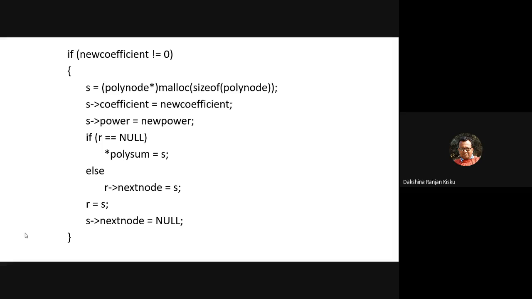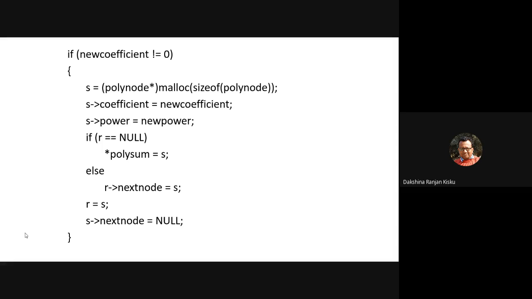If it is not equal to 0, then what we are doing, we are allocating a memory space for polynode. That means for the structure polynode, and we are assigning new coefficient to s coefficient, because here s is another pointer which will point to the node, and for that node we are allocating space in the memory. Okay, so that is why we are using this malloc function, and this malloc function will be allocating memory space of size polynode.